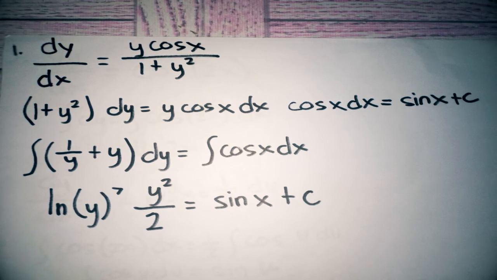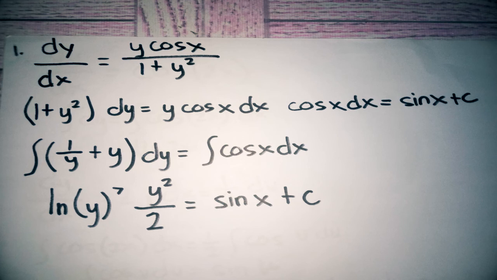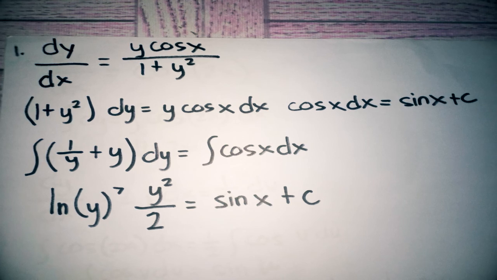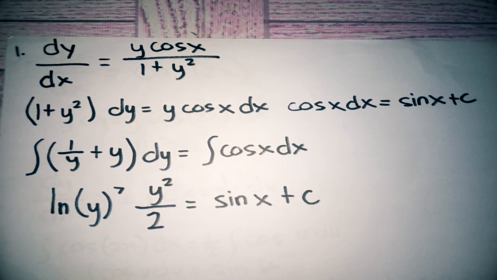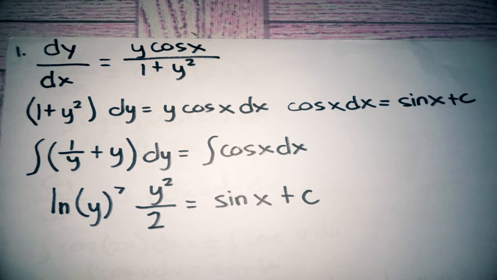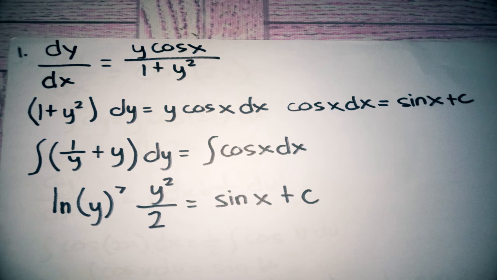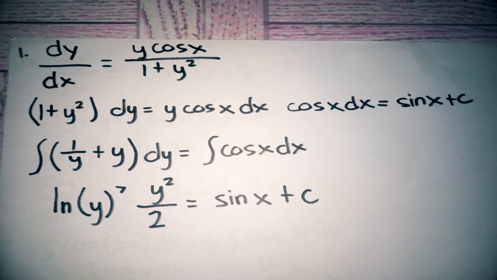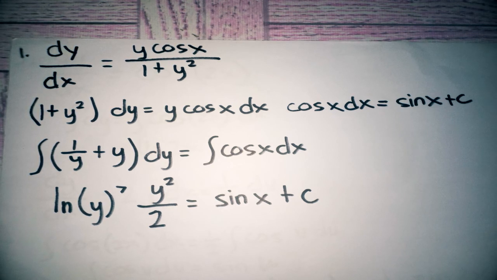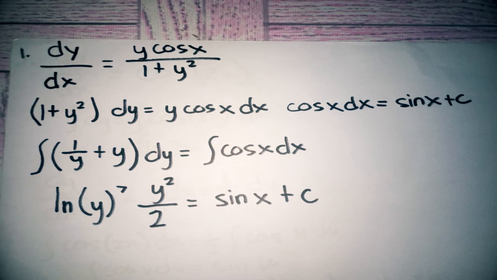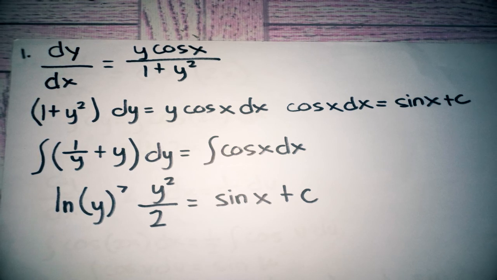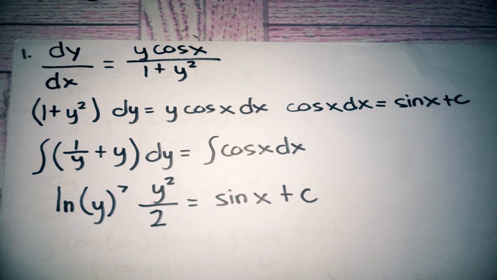The integral of (1 over y plus y) dy is equal to the integral of cosine x dx. Ln y plus y squared over 2 is equal to sine x plus c.